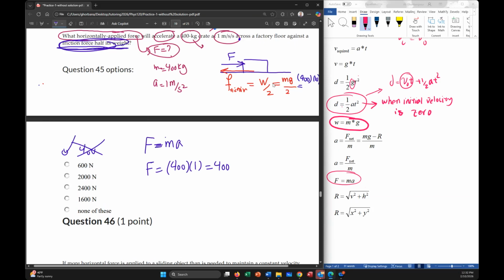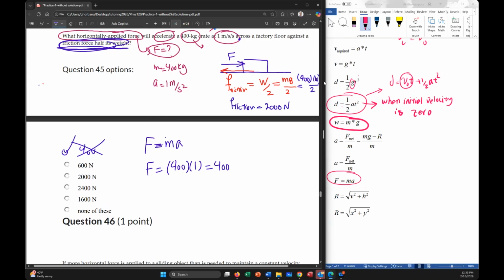Always 10. G is always 10, the magnitude of g for the exam, for homework, everything. It is 9.8, okay, but we round it to a whole number, okay? It's 10. 400 times 10 divided by 2. What is the friction force? 2000 Newton, yes?